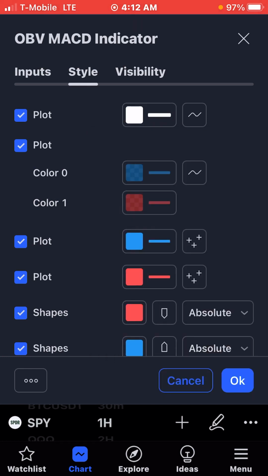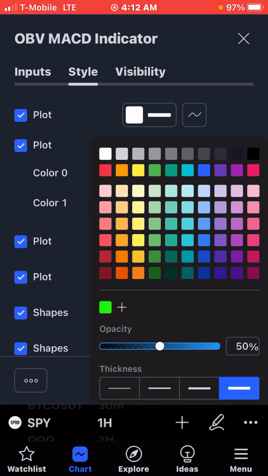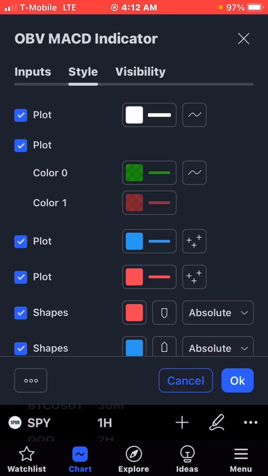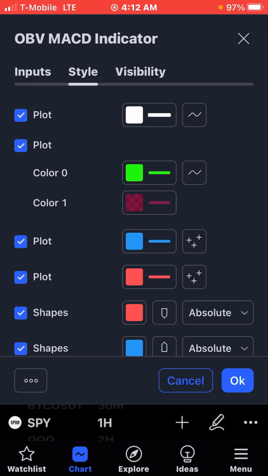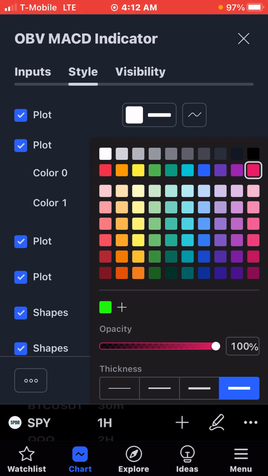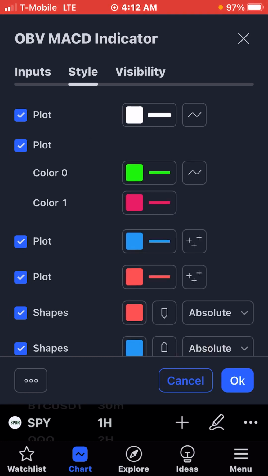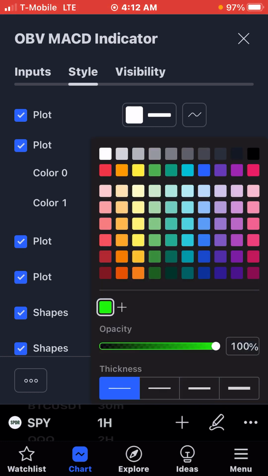Then you have to change your color 0 to a bright green, something that stands out, and turn the opacity all the way up. And then you want your red to be bright as well, and turn all the opacity up. And this is personal preference, but I shrink down the thickness. That's just me.